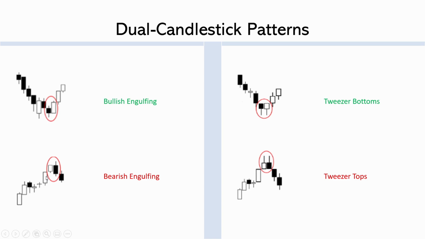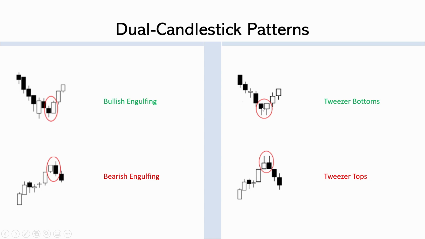And here you can see price was going up, and then there was a bearish engulfing. The price opened at the top of the last bullish candle and actually engulfed the previous bullish candle, which is bearish. Price goes down.